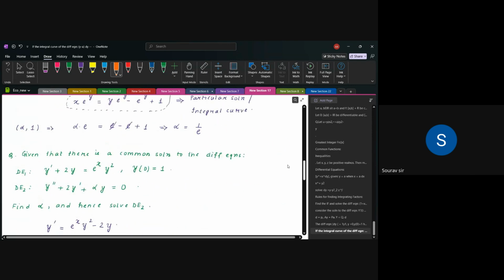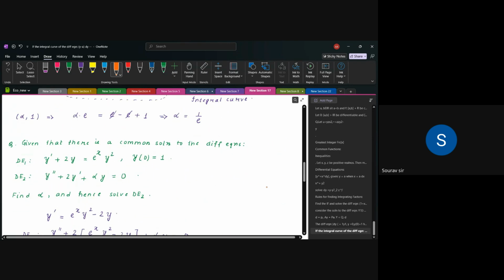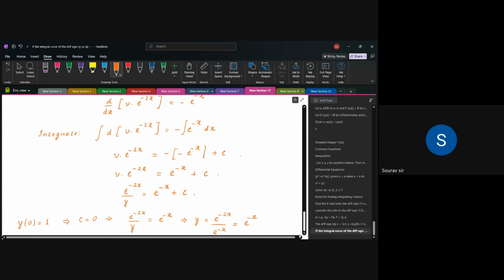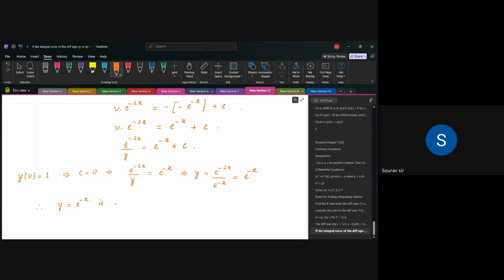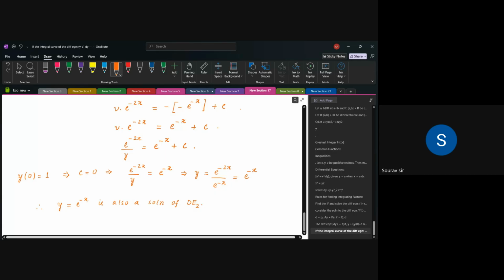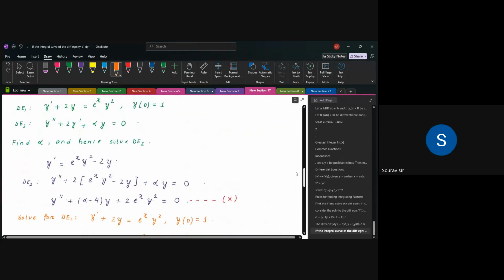And the question says that both the differential equations have a common solution, right? So that means this solution y is equal to e raised to the power minus x is also a solution of the second differential equation. Right? Okay. So if this is the case, then this solution must satisfy the second differential equation.